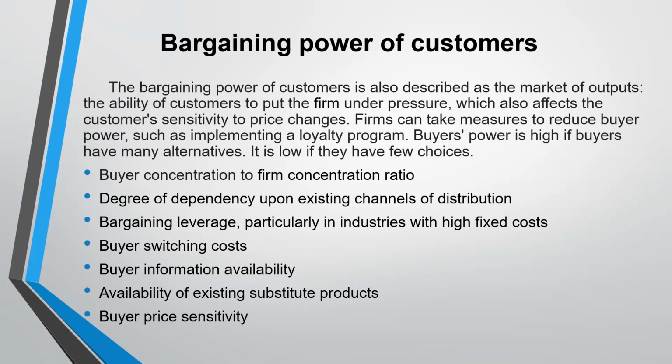So the ability the customers have to drive prices lower, or their level of power, is one of the five forces. It is affected by how many buyers or customers a company has, how significant each customer is, and how much it would cost a company to find a new customer or markets for its output.